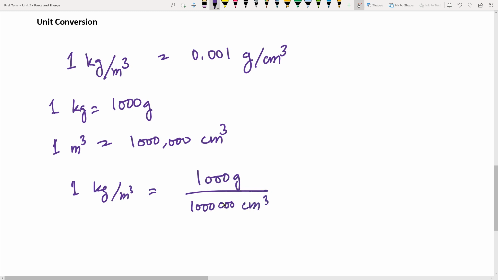We're going to cross off these 3 zeros, and we're left with 1 over 1000 grams per centimeter cube. And that's what I meant when I said that when you're changing from kilograms per meter cube to grams per centimeter cube, you simply need to divide by 1000, which can be written as 0.001 gram per centimeter cube.